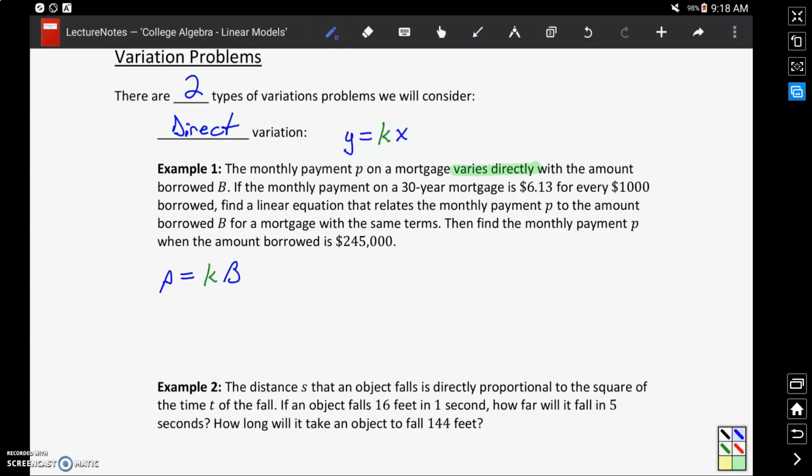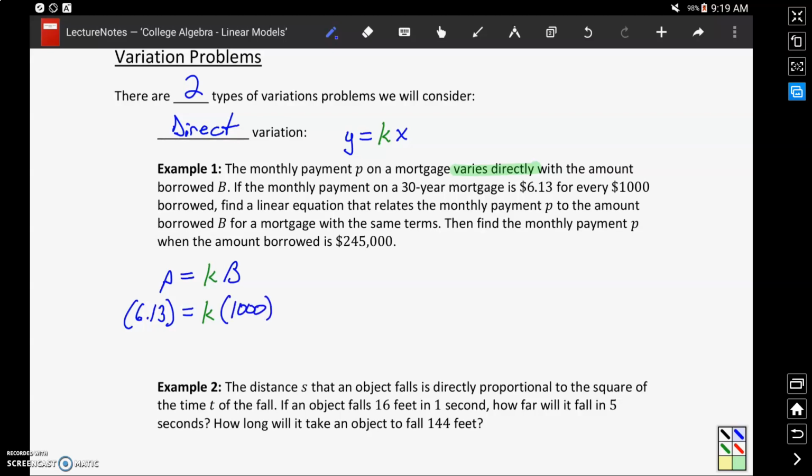In this case, we're told that if the monthly payment on a 30-year mortgage is $6.13 for every $1,000 borrowed, then we want to use that to find our linear equation. So that payment P of $6.13 can get substituted in for P. Our value K is still a constant that we're trying to solve for, and the amount borrowed that relates to that payment is $1,000.